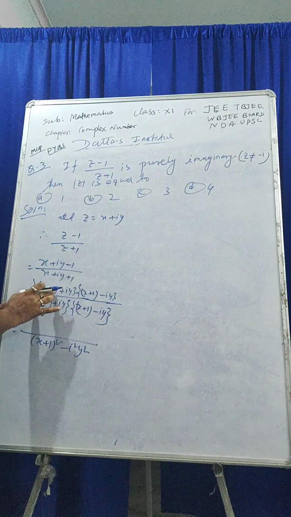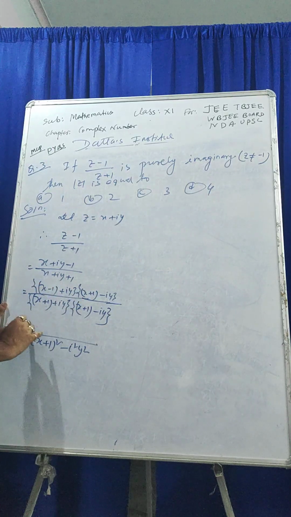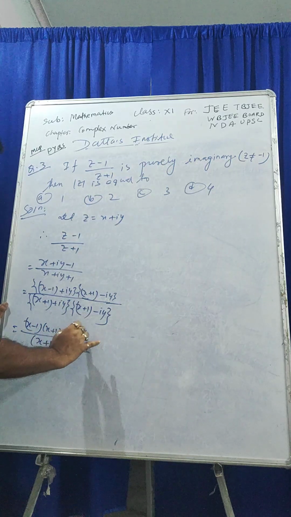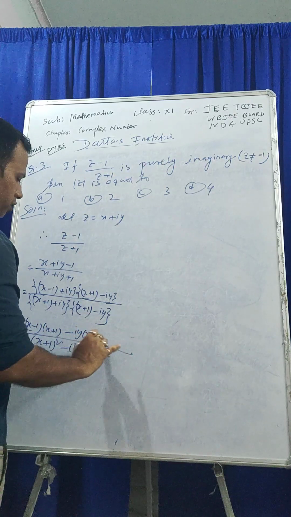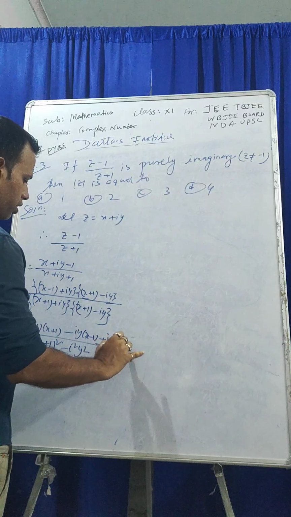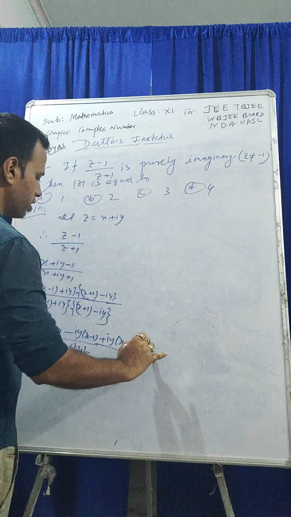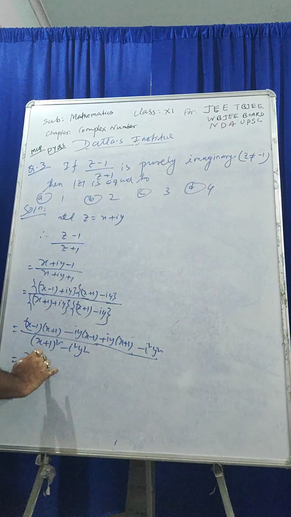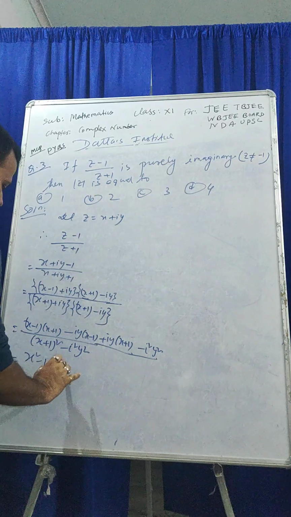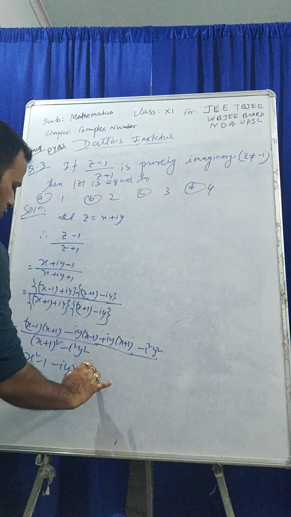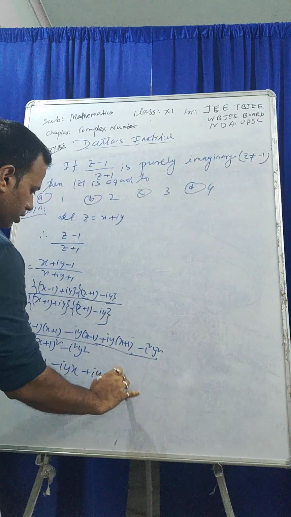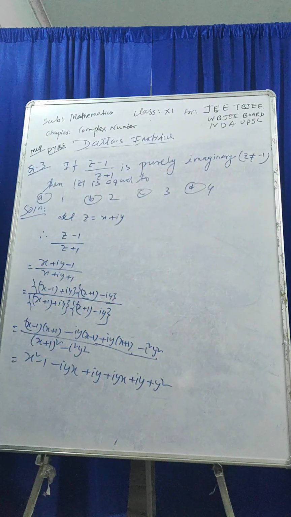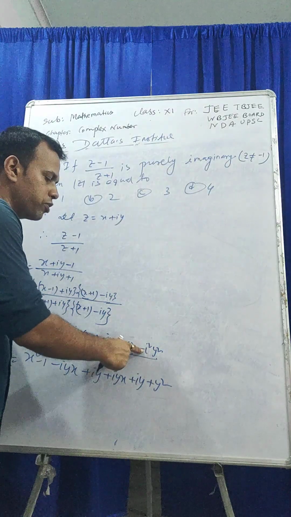Now if you multiply this by this, it will be x minus 1 into x plus 1, then iy into x minus 1, then iy into x plus 1, and then i square y square. So here it will be x square minus 1 minus iyx plus iy plus iyx plus iy plus y square. i square is minus 1, so if I put minus 1 here, it will be minus minus plus.